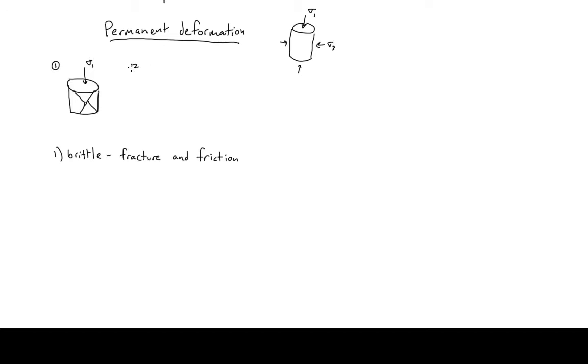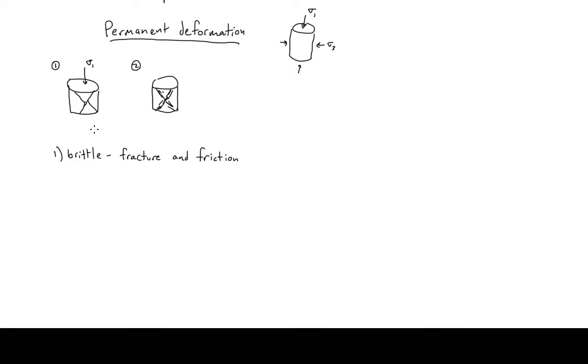And if we turn up the temperature a little bit and do the same thing, squeeze our sample, we get a similar geometry. Here we had these fractures happening at about 30 degrees to sigma 1.